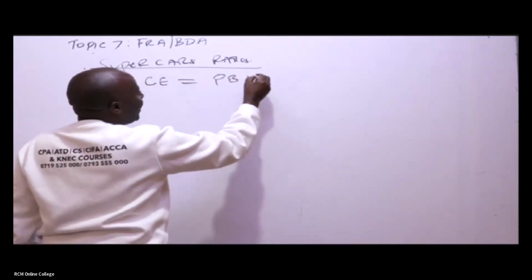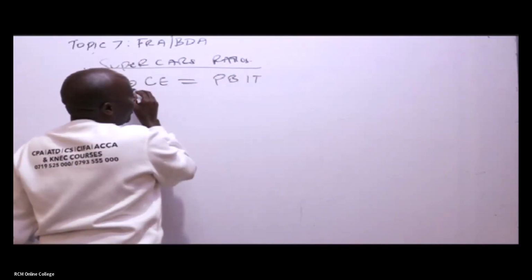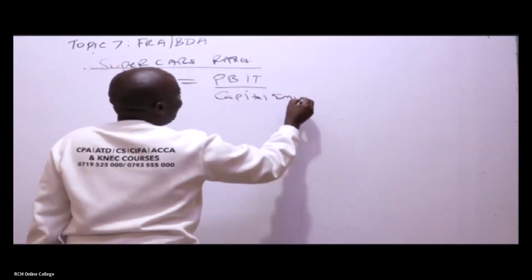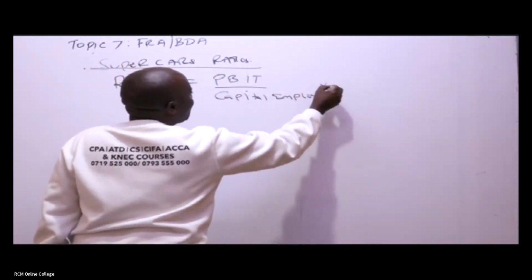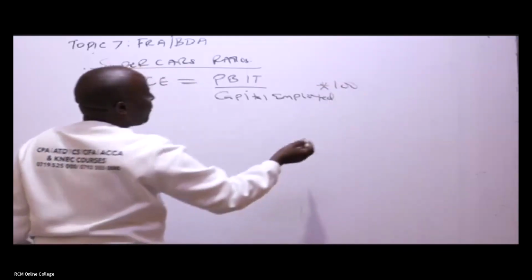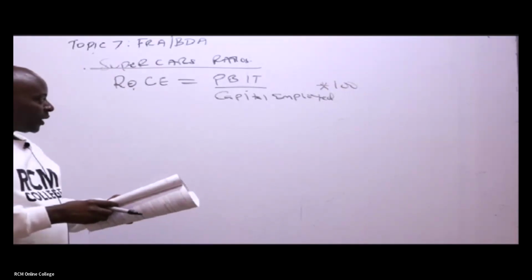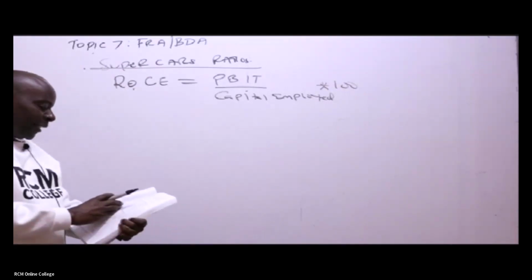It is PBIT, operating profit, over capital employed, times 100. Don't say times 365. This is not a period. When we mark these papers, we normally see great things. So PBIT over capital employed. So please go to your profit statement and pick the PBIT.